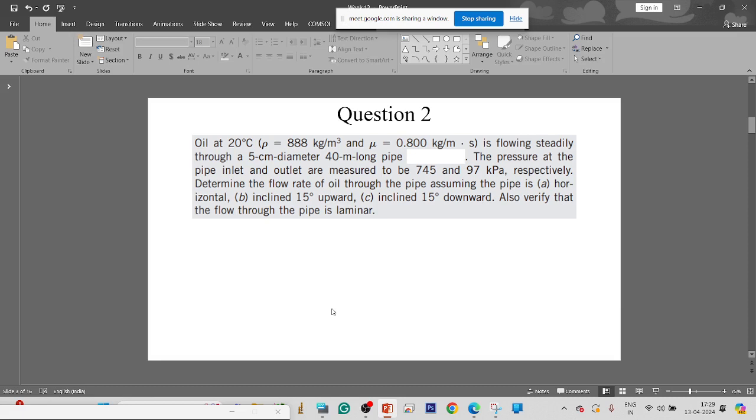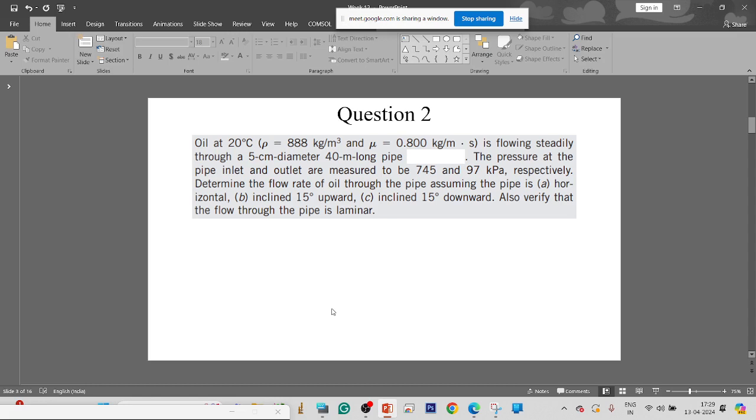Now the weight component in x is W sine theta, which equals rho g V sine theta, which equals rho g 2 pi r dr dx sine theta.